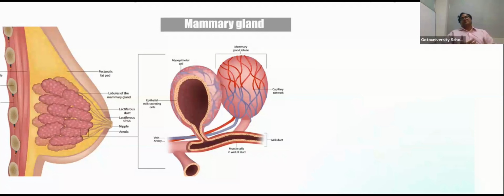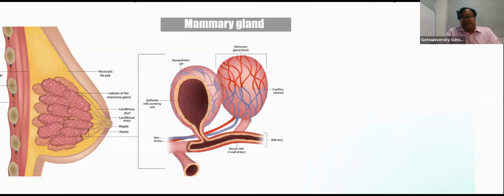How does the mother know that this is the time the milk should be ejected? The nipple is completely innervated with a cluster of neurons, and those neurons give a sensation for the myoepithelial cells to contract the alveolar cells. The alveolar cells deliver the milk to the lactiferous duct.